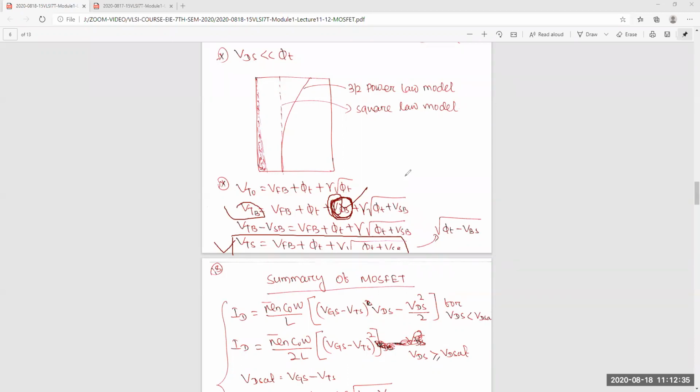If everyone works on this and does some problems, you'll come across this point and understand it in a more detailed way. Up to this, I think you have understood. You can do some problems also. In Kang's book, which is in your syllabus, there are a lot of problems at the back of chapter 3 on the transistor.